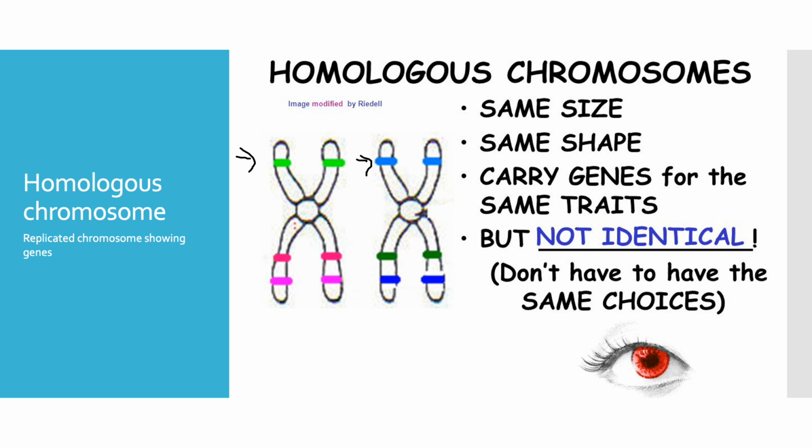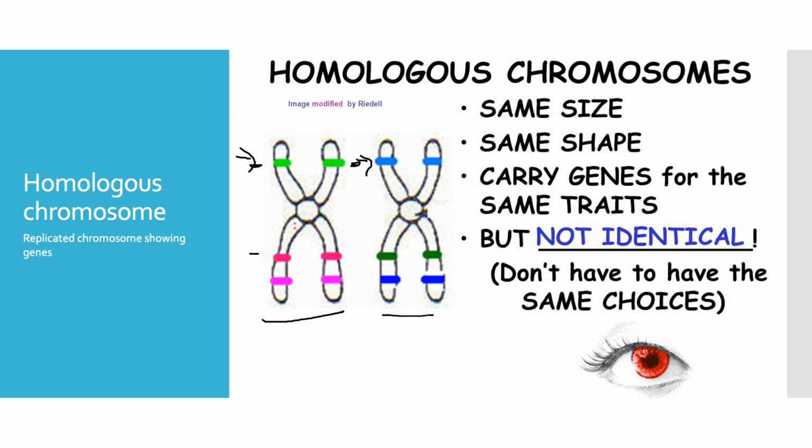So I could say that this green line and the blue line are representing eye color, the allele for eye color. But this chromosome might be representing blue eyes, and this chromosome might be representing green eyes. So you can have the genes in the same location on the chromosome, and they can represent the same type of gene, but they don't have to be identical.